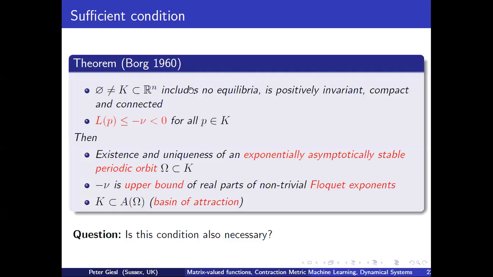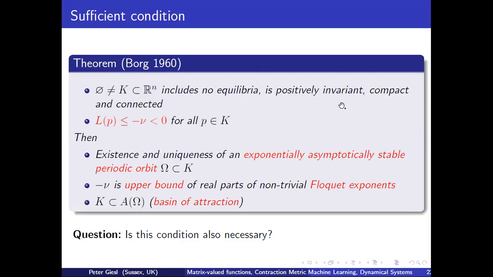So here's the theorem, going back to Borg some 60 years ago. This L of p is negative, or bounded by a negative constant even, for all p in a certain set. That's the condition I explained on the previous slide. Now we also need to know something about the set K. This contraction holds in a set K. The set K needs to be non-empty, include no equilibria, and be positively invariant.